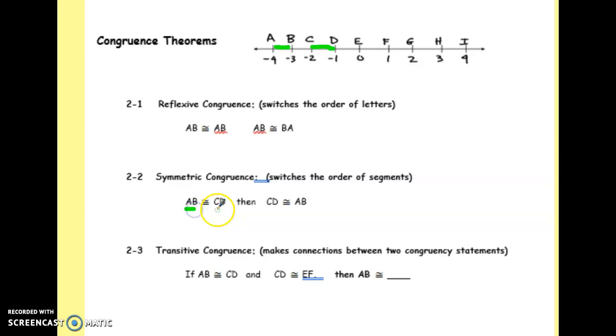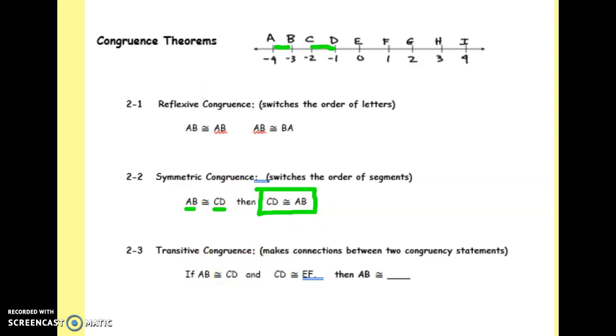So AB we talked about first, making it congruent to CD, or you could write the exact same congruency statement, just switching the order of how you say it. CD is congruent to AB. It's kind of like saying first name, last name, last name, first name. It's the same person. Heather McElhone, McElhone, Heather. Same person. So again, symmetric congruence does the same thing in geometry, just switches the order of the segments in your listing.